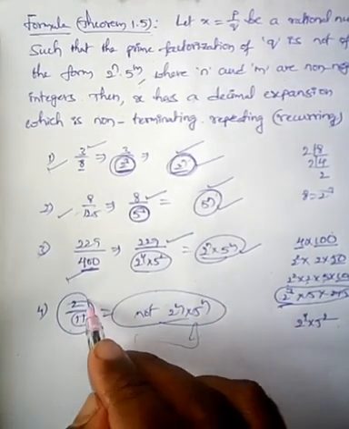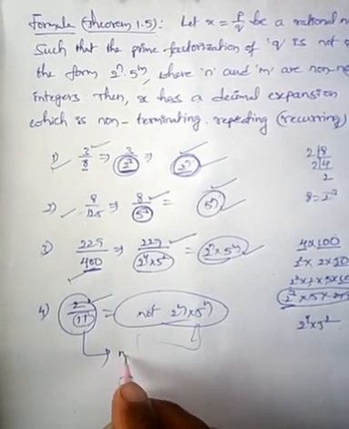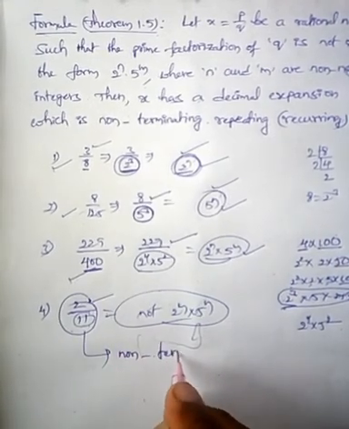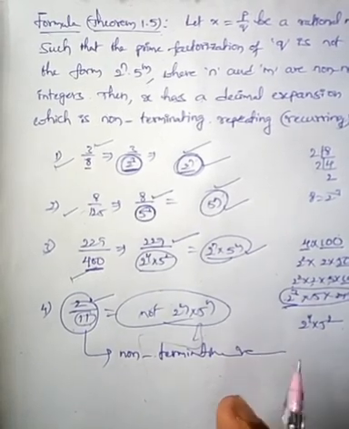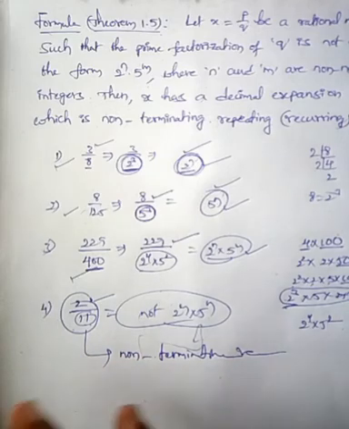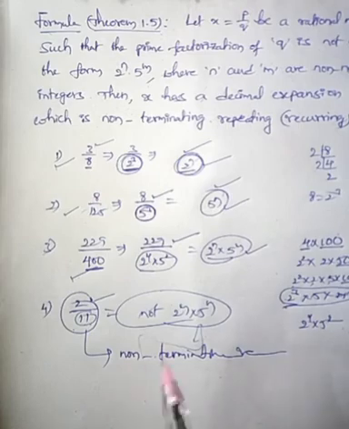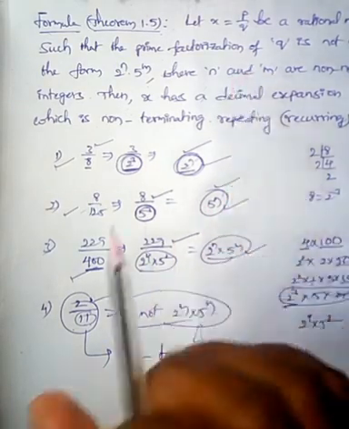That's why the decimal expansion of this fraction is a non-terminating repeating decimal. You already did problems in exercise 1.3 first Roman, so you can check whether they are terminating or non-terminating by using this concept.